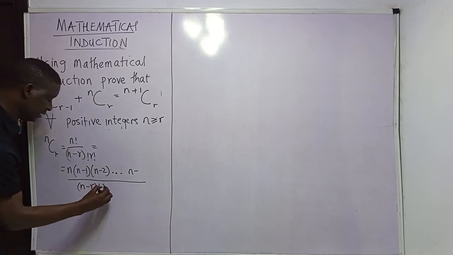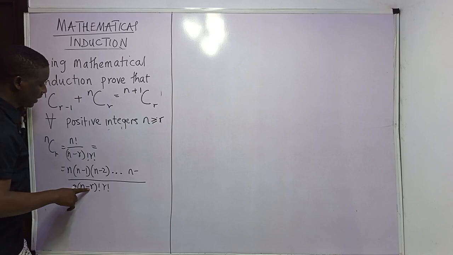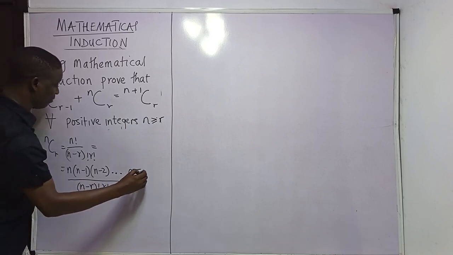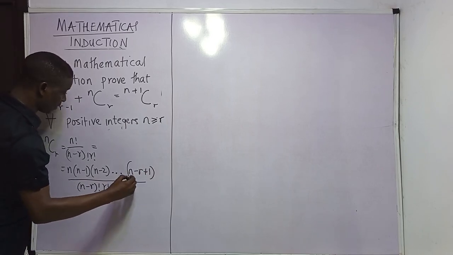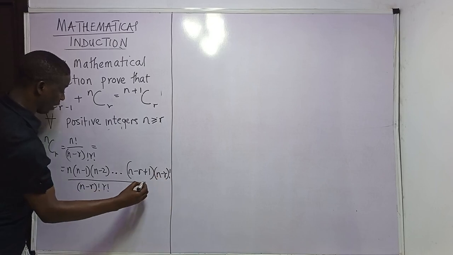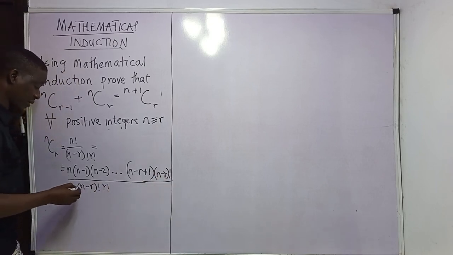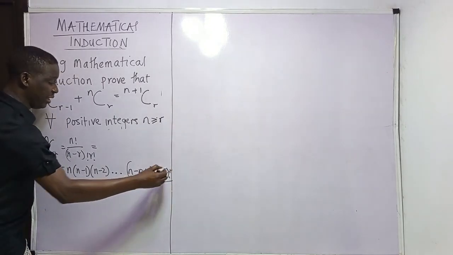But the question is, how do we get to this last term? For me to get to this last term, I have to get to n minus r plus 1 first, second to the last, before I will now get to n minus r factorial, all over n minus r factorial and r factorial, so that this can actually eliminate this.